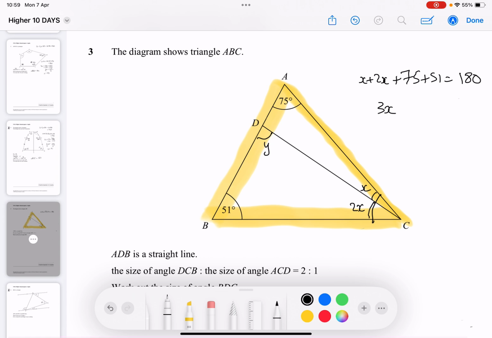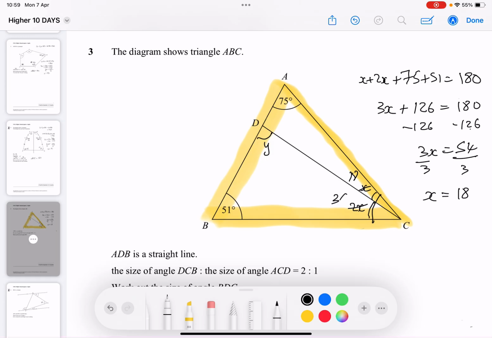That's 3x plus 126 equals 180. Take the 126, 3x equals 54. Divide by 3, so x equals 18. So that means that angle there is 18, that angle there is 2 18s, which are 36.